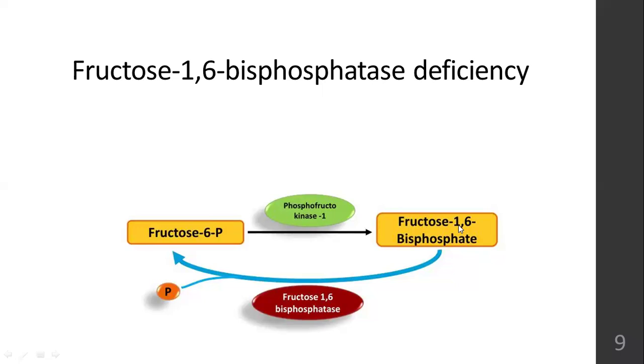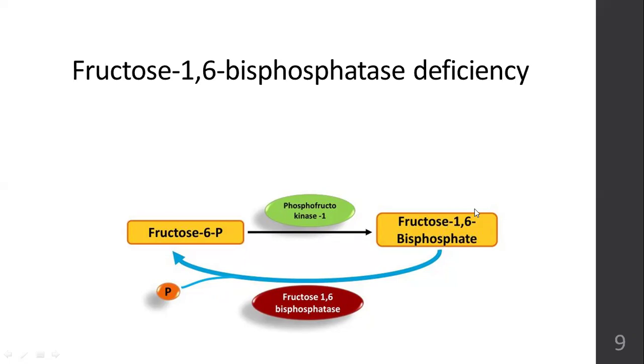It originally came with one phosphate, and after reacting with the enzyme, it got another phosphate as well. So that is fructose 1,6-bisphosphate. Now this fructose 1,6-bisphosphate will be stored in your liver.